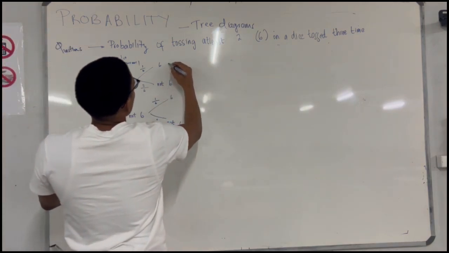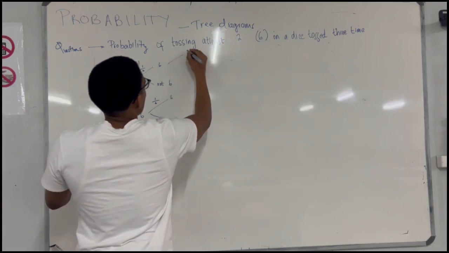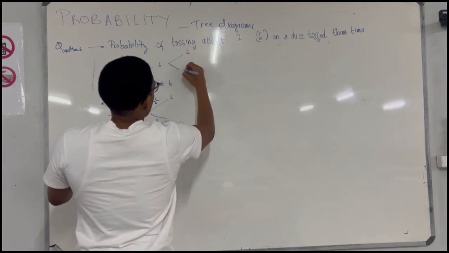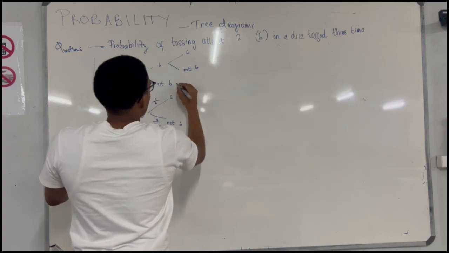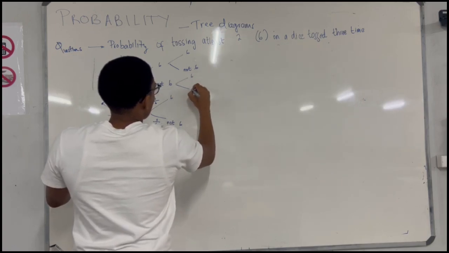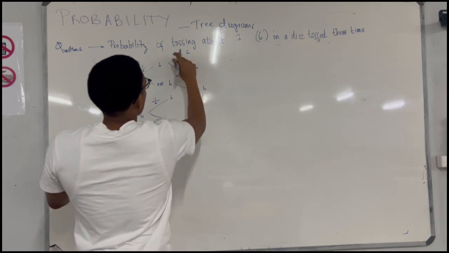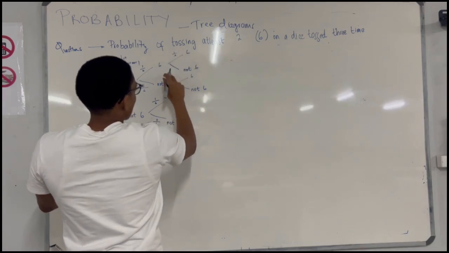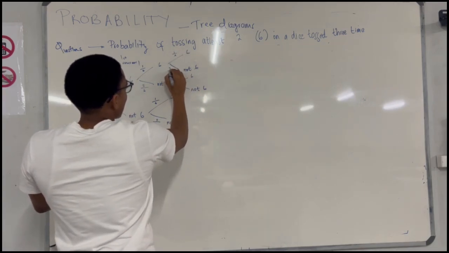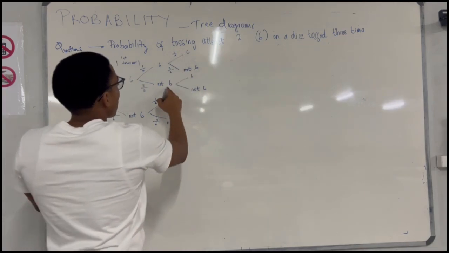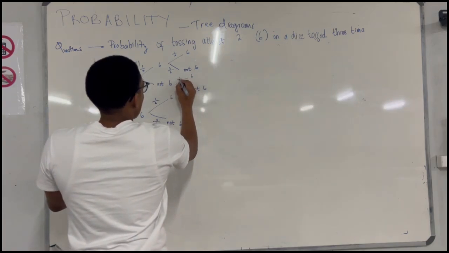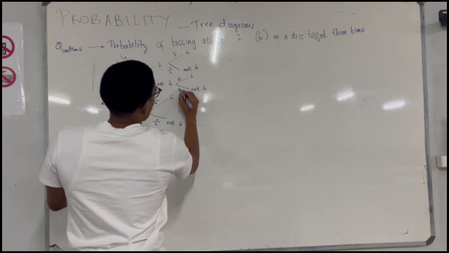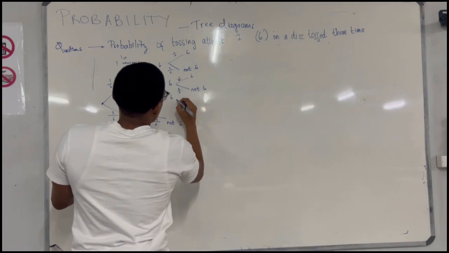The third branch, from 6, is either you toss a 6 again or not 6. Here is 1 over 6, not 6 is 5 over 6. Here is 1 over 6, not 6 is 5 over 6.